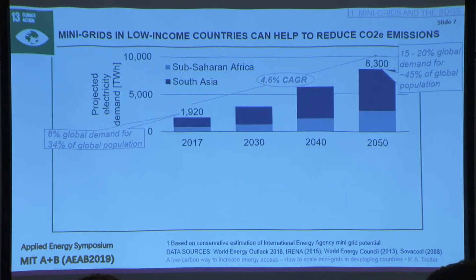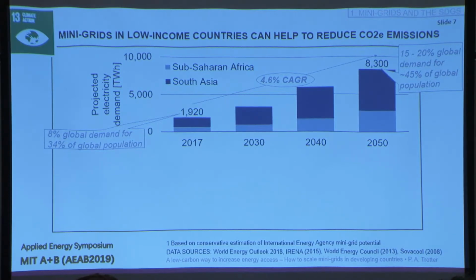So let me just try to roughly size the potential of implementing mini-grids in sub-Saharan Africa and South Asia, and what they can do in terms of carbon emission savings. This is a projection of the electricity demand over the next roughly 3.5 decades. And you see an average of 4.6% annual growth in electricity demand.